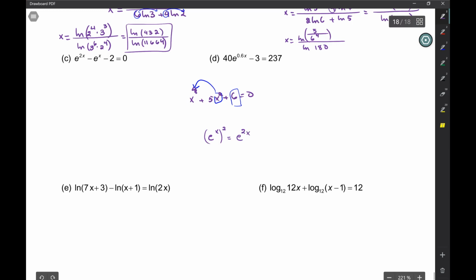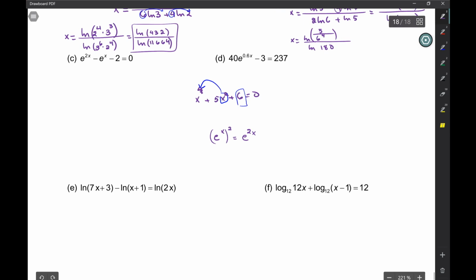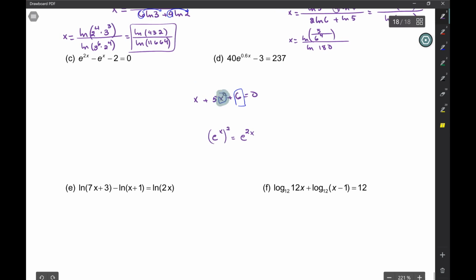Constant, some expression with a variable, and then that squared. Is that the same form as this? It is. So now, if I had x to the 4 plus 5x squared plus 6, how would I factor? I wouldn't do x and x. What would I do?